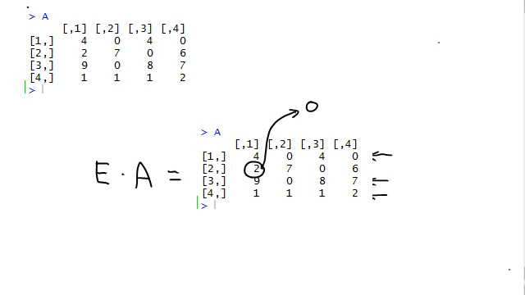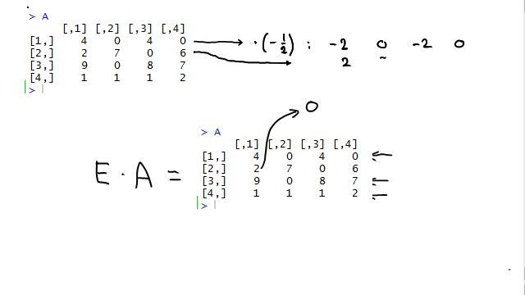The hint to what E must be lies in multiplying the first row of A by -1/2. If I do that, the first row of A becomes -2, 0, -2, and 0. The second row is 2, 7, 0, 6.